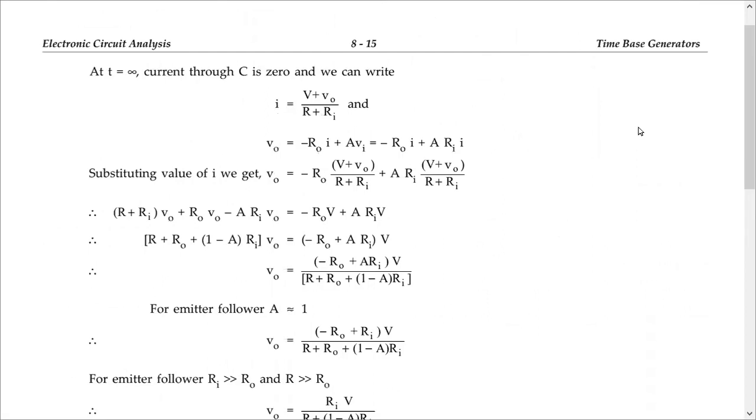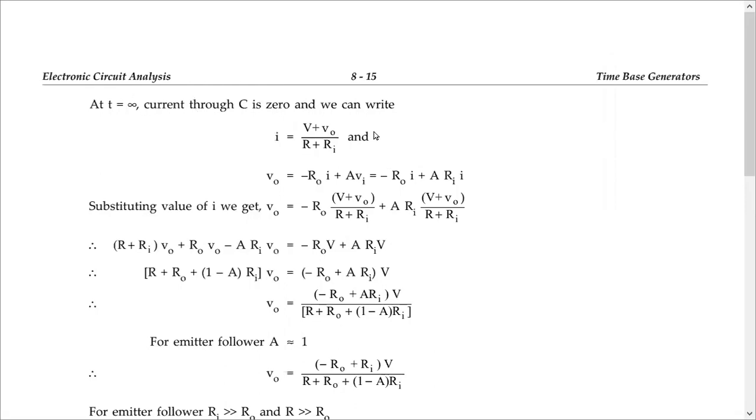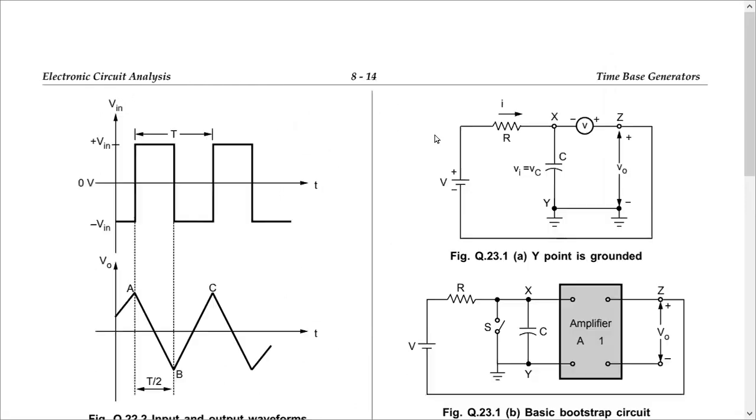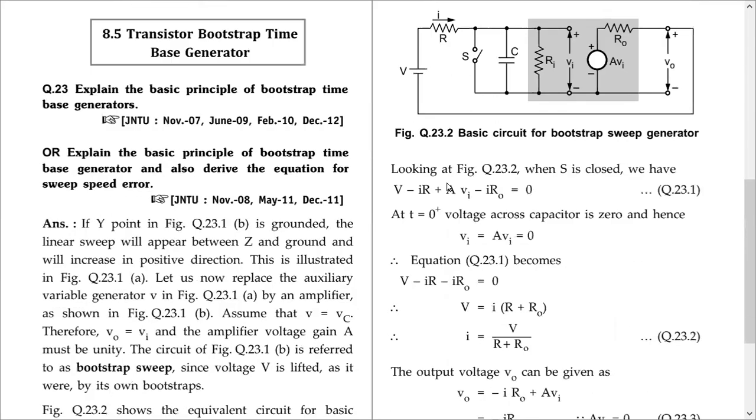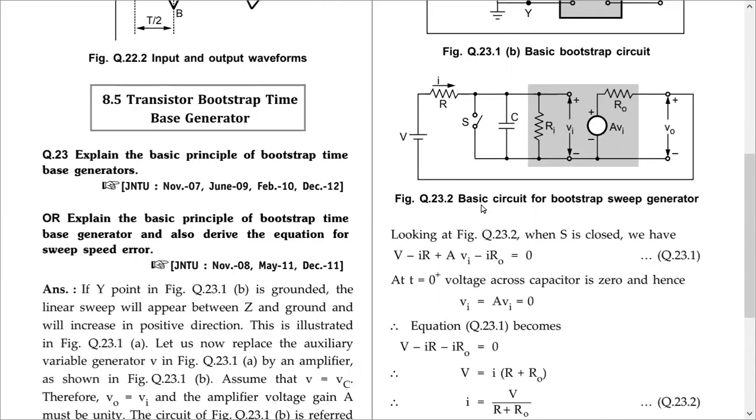Now we will consider what happens at t is equal to infinity. At t is equal to 0, we discussed. Now let us take the case: initially the switch is closed, now we are opening.